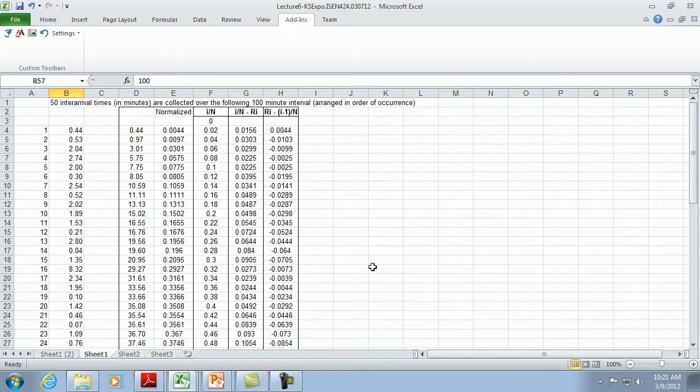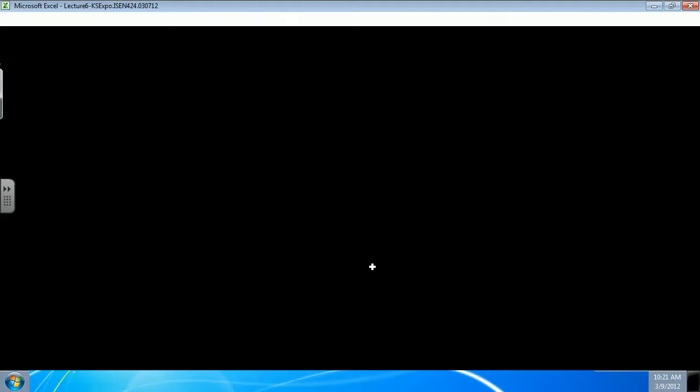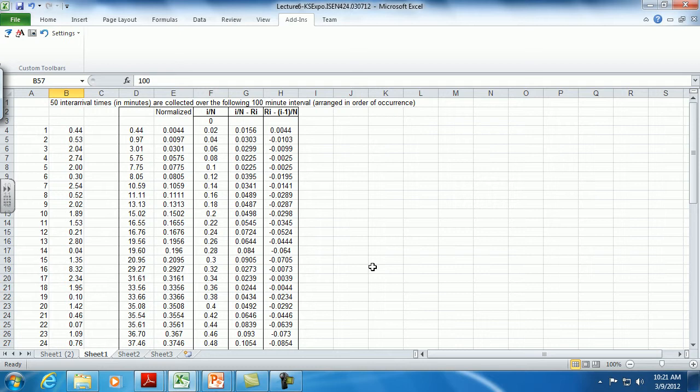And again, you have access to these tables. So we have the 50 interarrival times right here, in the order in which they were presented in the table. We're going to use those interarrival times to get the arrival times for each entity.